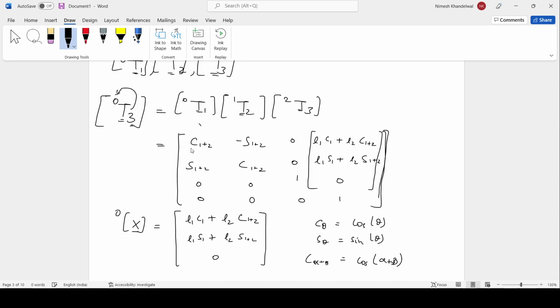So C 1 plus 2 is cos of theta 1 plus theta 2. So these are just shorthand notations that I have used for writing the trigonometric terms.